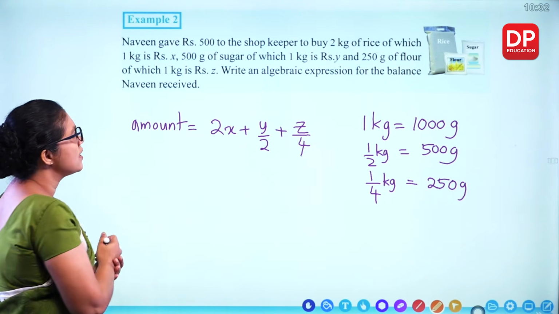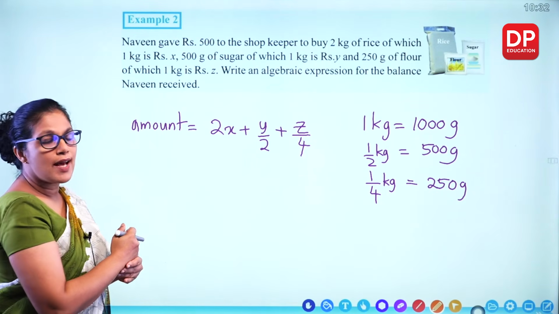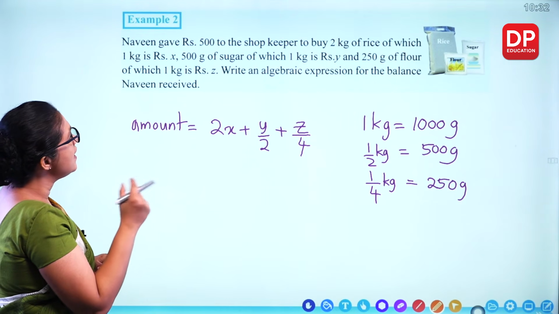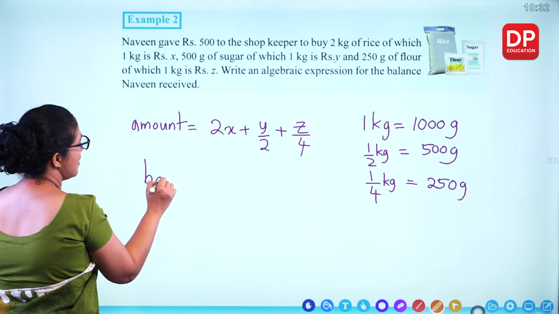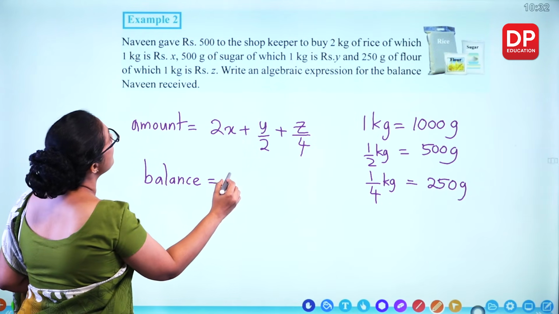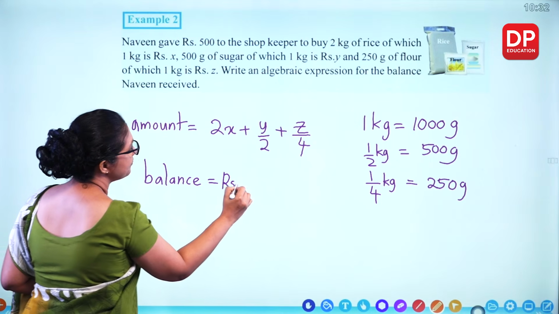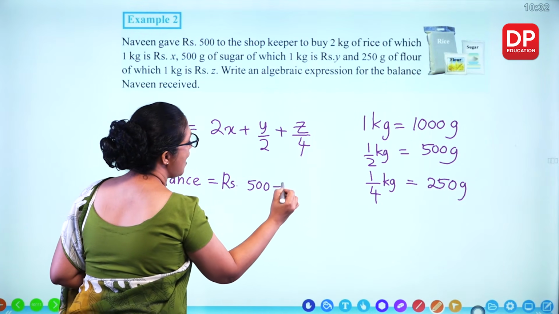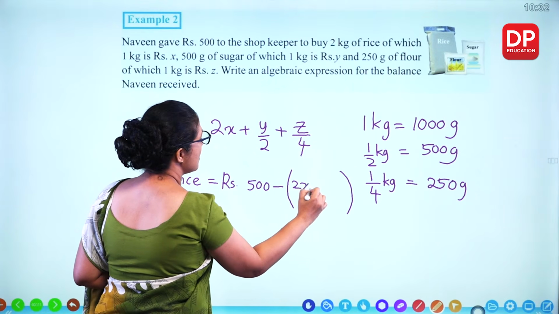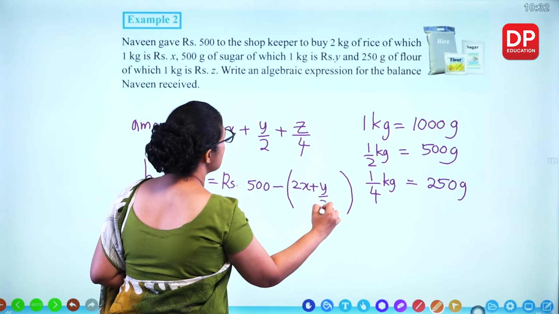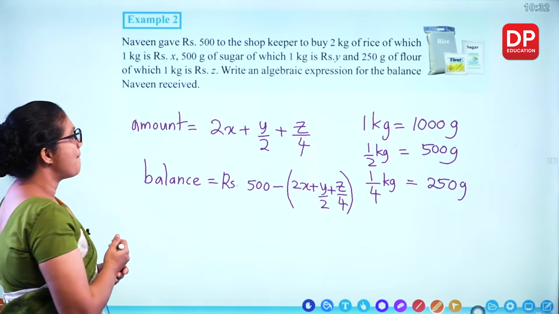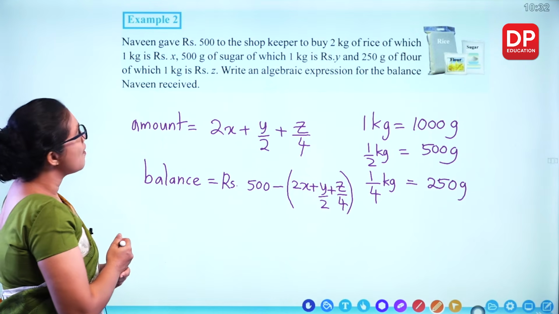That's the amount Naveen has to pay. But he gave 500 rupees. We need to write an expression for balance. So the balance is he paid 500 rupees and we have to subtract the amount for all these items from 500. So that's the balance that Naveen received.